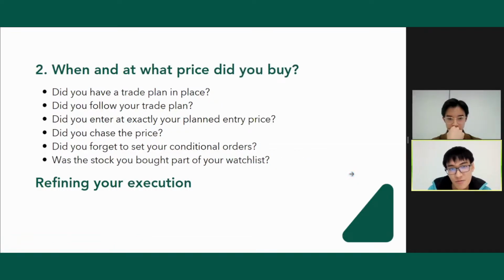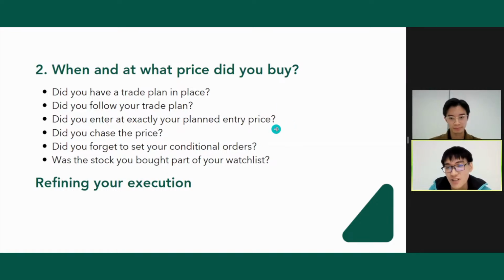Next is, when and at what price did you buy? Based on your stock selection, what was your trade plan in the first place, diba? And did you follow it? When you had your entry, stop loss, and target price, sinunod mo ba siya, diba? Did you enter at your planned entry price?